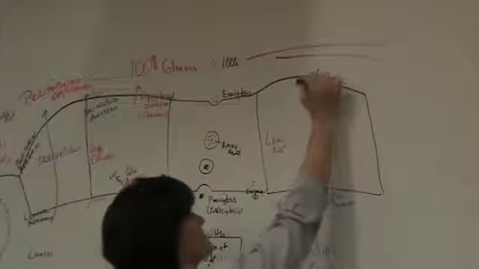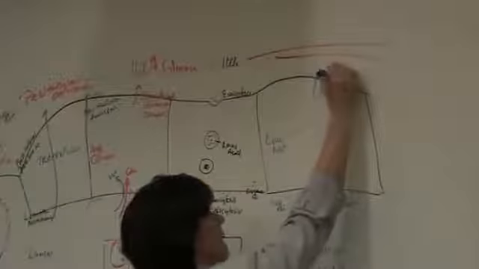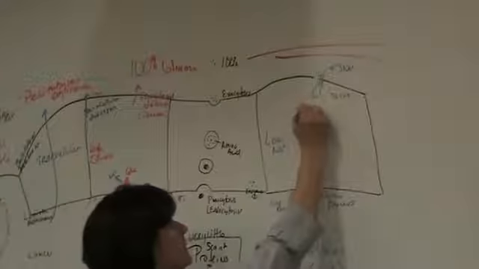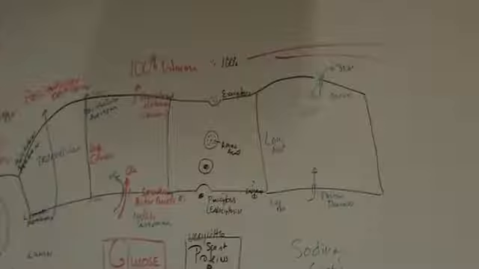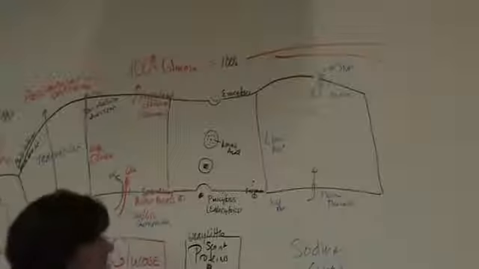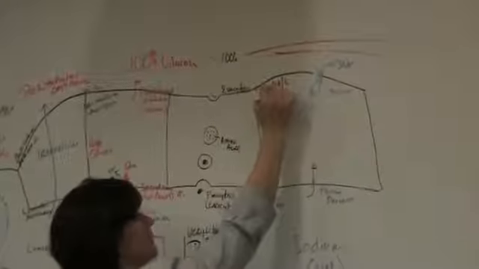So how many sodium do these pumps move? Three sodiums out of the cell for every what? Two potassiums that come in. All right, so we call this, as we know, the sodium potassium pump.